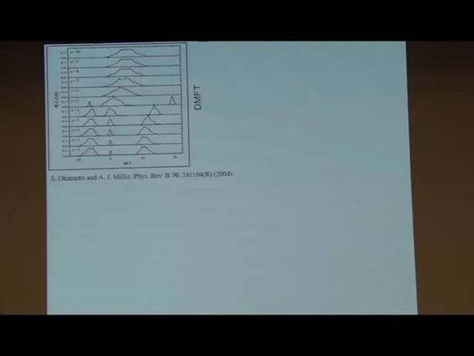What Andy Millis and his group showed, the top layer is strontium titanate. This is the interface, and this is the lanthanum titanate. This peak is what I told you, lower Hubbard band, the incoherent peak. This is the coherent peak, and you can see a layer-resolved electronic structure. High up, your strontium titanate. This is the chemical potential, very small.